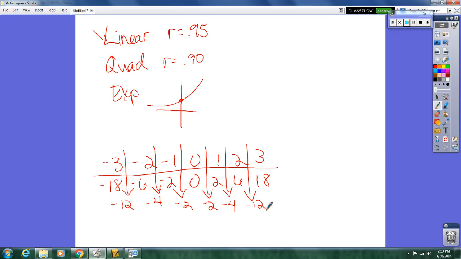No, that's not linear, is it? What do we do on the second one? Negative 12 minus negative 4. Negative 4 minus negative 2.